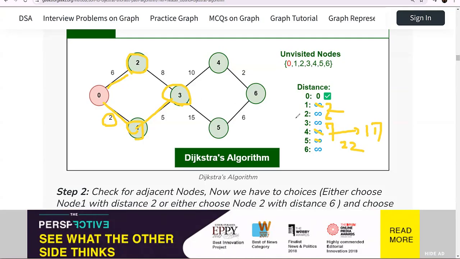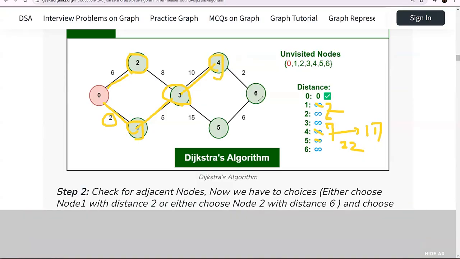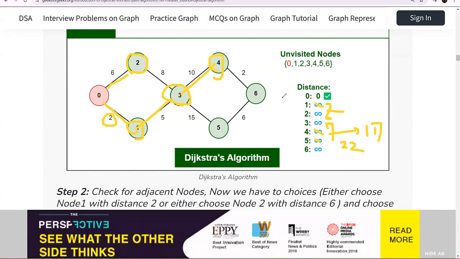Okay, and then the next one you will pick 4. And picking 4, you will update your 6 to be now 19. Okay, and your 5 right now is still 22. So you will pick 6 first.